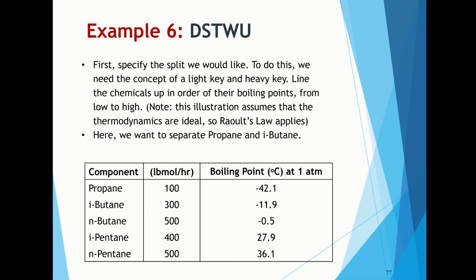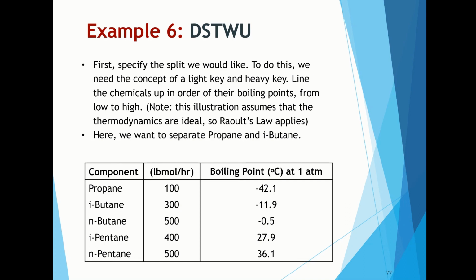And the heavy key is the component that we want to separate from the light key, which is iButane. The distillation column is then based on those two components, and the other components are split according to thermodynamics. We will use the IK-swap property method and English units for this problem.